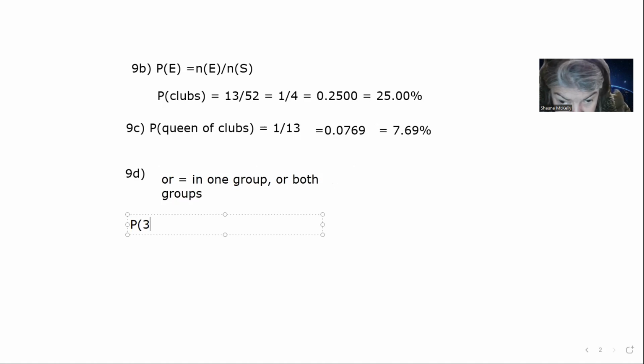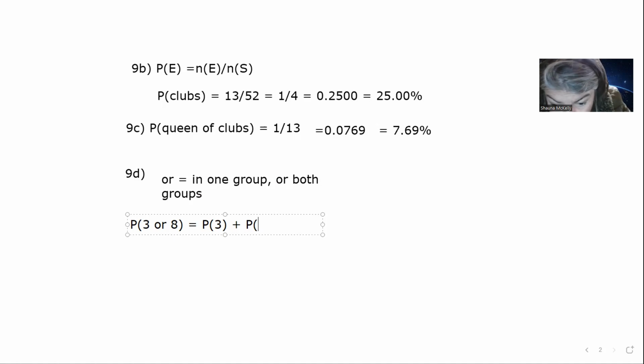So here we'd be looking at the probability. If I write the probability of 3 or 8, what I'm really saying is I have to find the probability of 3, and I have to add to it the probability of 8.